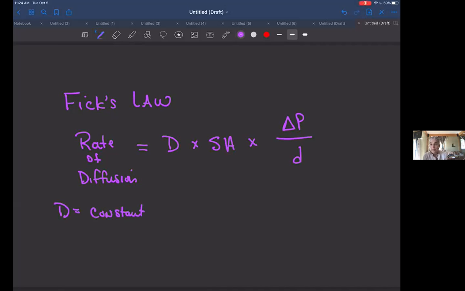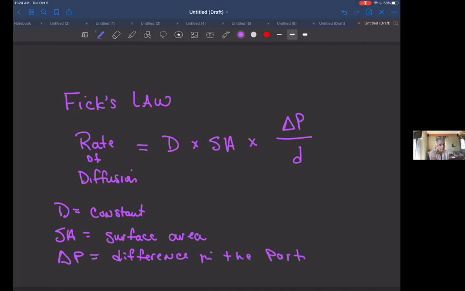You do not need to worry about this. It is just the constant of the simple squamous epithelial tissue in your alveoli. SA is your surface area. Delta P is the difference across the membrane, so it's the difference in the partial pressures across a membrane.